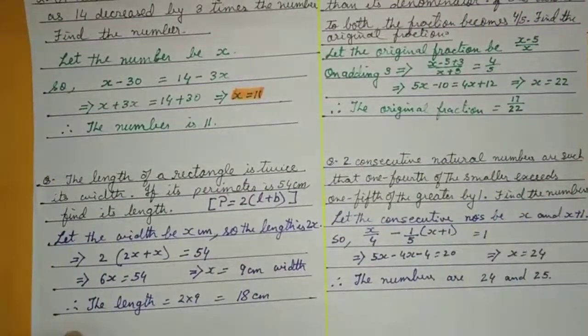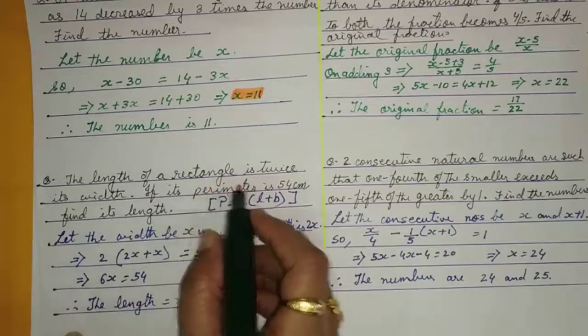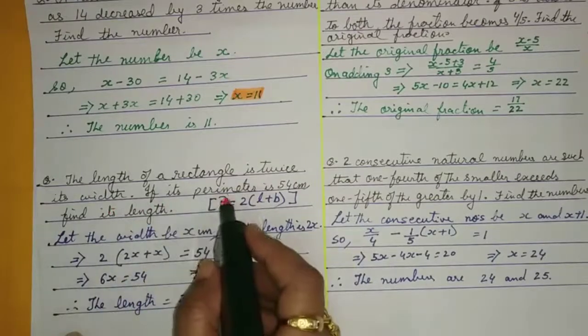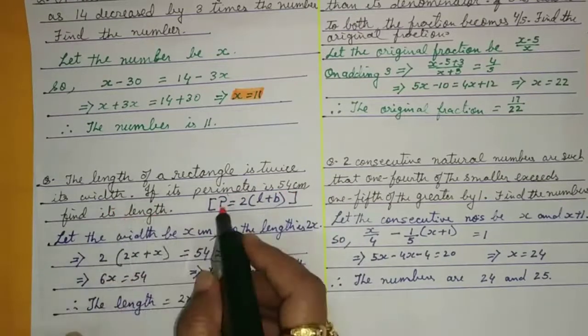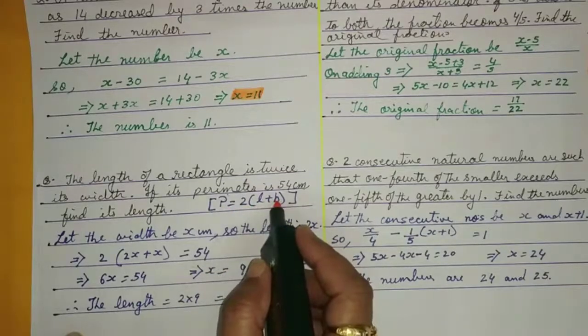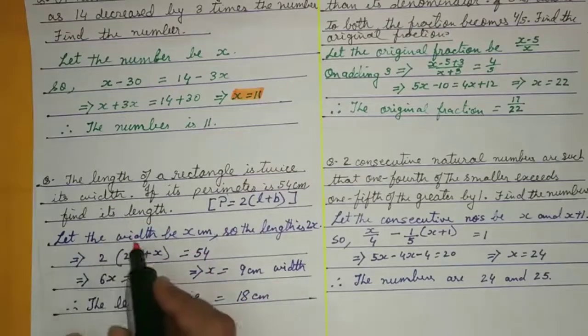Okay, the next question. The length of a rectangle is twice its width. If its perimeter is 54 centimeter, find its length. So we all know the formula of perimeter, that is 2 into (L plus B). Suppose the length is twice its width. Let's assume the width to be x.